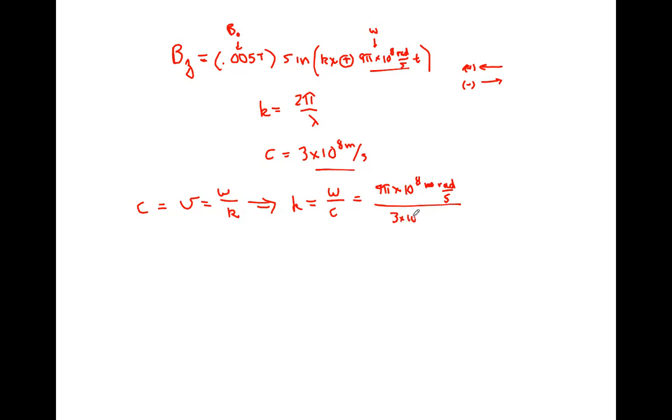And you can hopefully see mathematically, without going to your calculator, what's going to happen here. The per seconds cancel, don't they? And radian is nothing. So this has units of per meter. And 10 to the 8th cancels 10 to the 8th there. 9 divided by 3, this looks like 3 pi. And I guess it's radians per meter if you like. And that's fine.